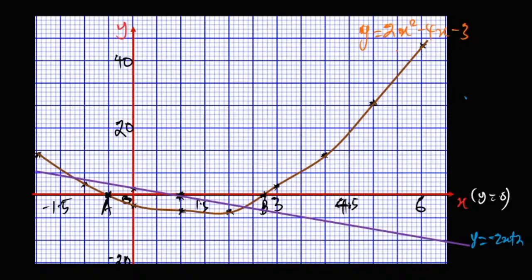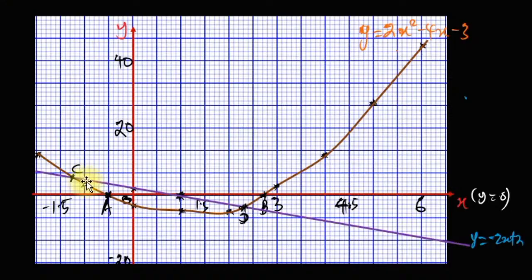So remember, the solution is the point of intersection. So the point of intersection is this place. So let's call it C and D. So that's the solution.